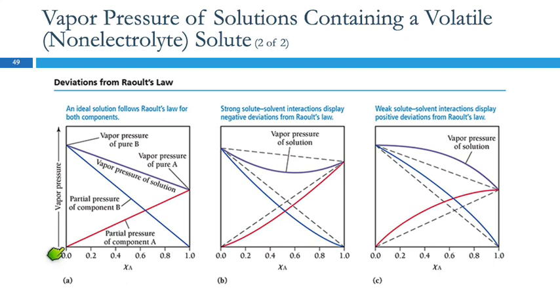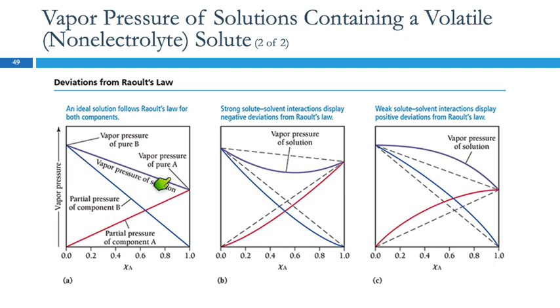When we have 0 of component A, the vapor pressure of A is 0. When we go all the way to this end, where we have a mole fraction of 1 for A, this is the vapor pressure of pure A. Over here, if we have no A, that means we must have all B. So there's the vapor pressure of pure B, and we see that goes down as the mole fraction decreases.